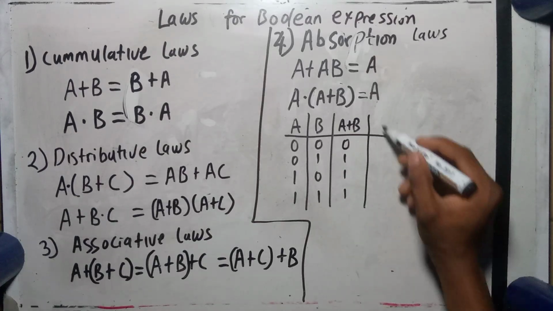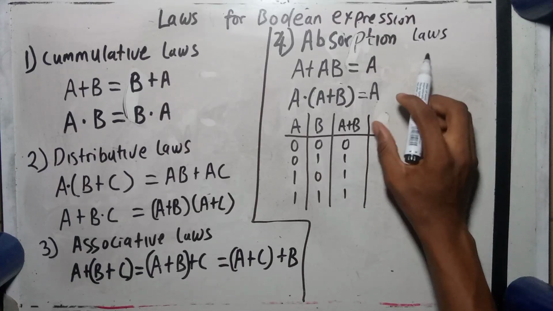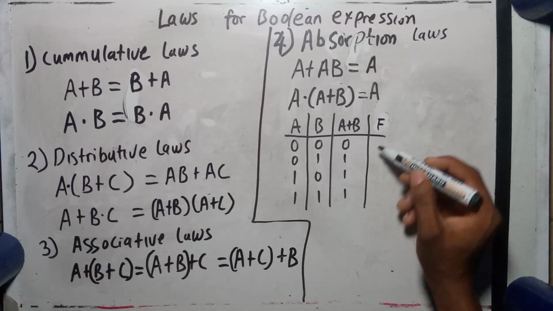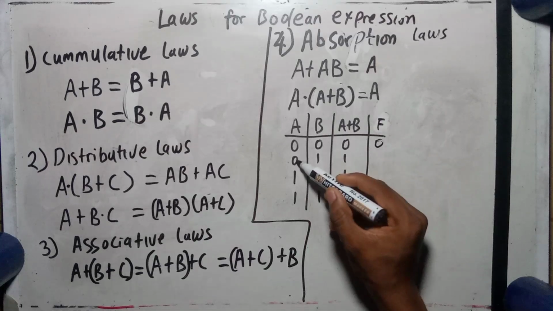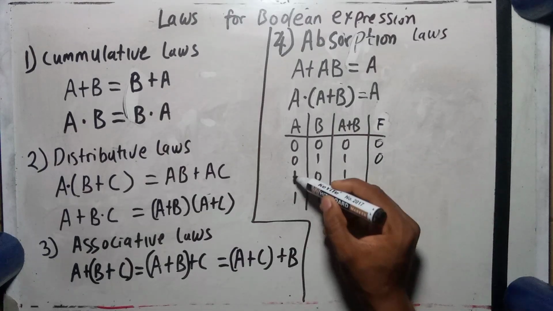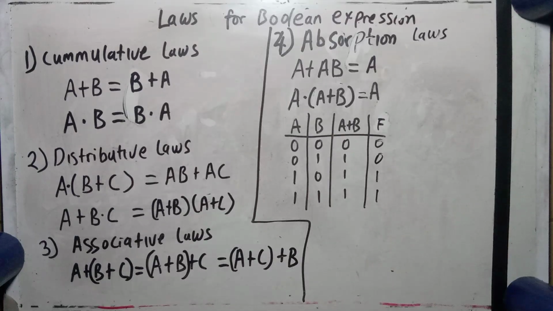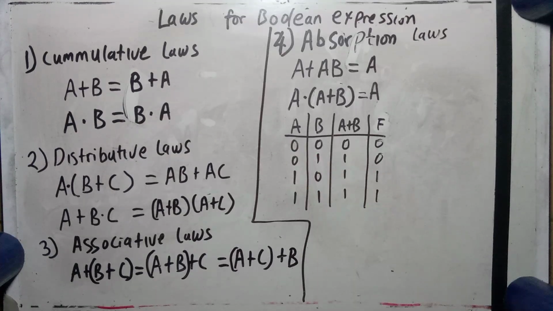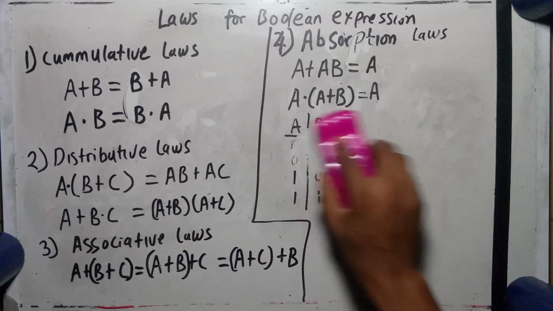Then we multiply it by our A, so this multiplied by this. We have 0 times 0, 0. 0 times 1, 0. 1 times 1, 1. 1 times 1, 1. So at the end of the day, you have this to be correct. As you can see, this and this are the same thing. So we have succeeded in proving this.